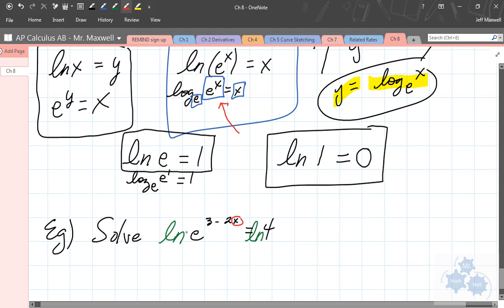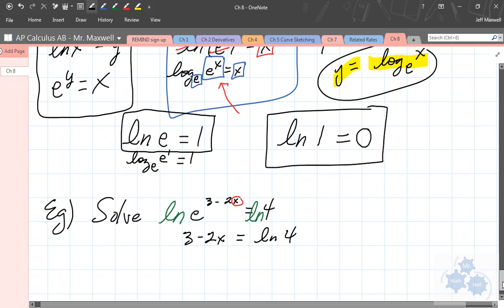That is the same as just writing whatever that exponent is. It's the exact same. So you have the natural logarithm of a power that is base e. It's like this and this cancel each other out. And so really you could rewrite this as 3 minus 2x. That's how you bring that out of the denominator. Equals natural logarithm of 4.